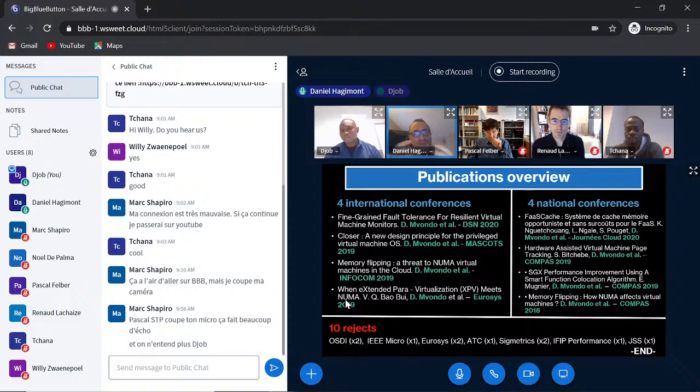In exokernels, the philosophy was to push the kernel into some library of OS. And you could translate that in your context saying, I would like to push a part of the hypervisor in the virtual machine. The same kind of idea.